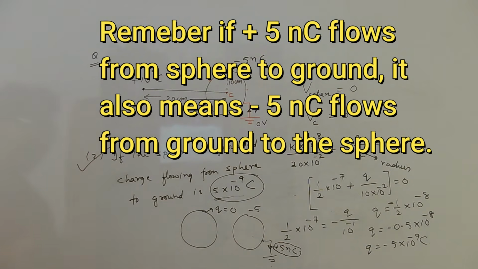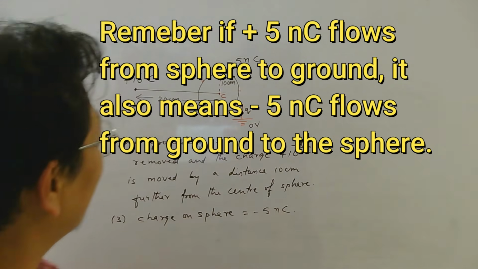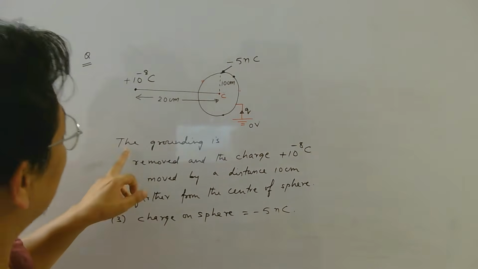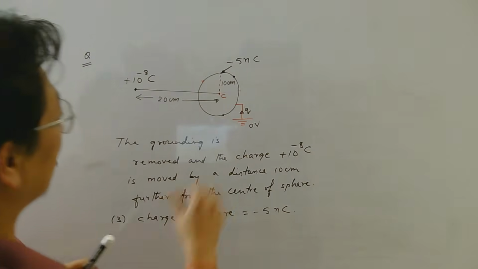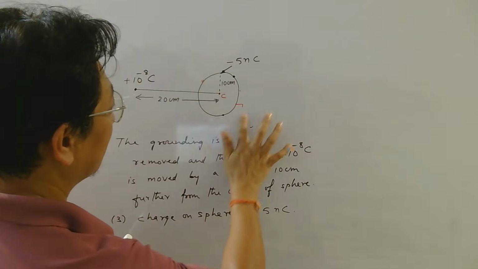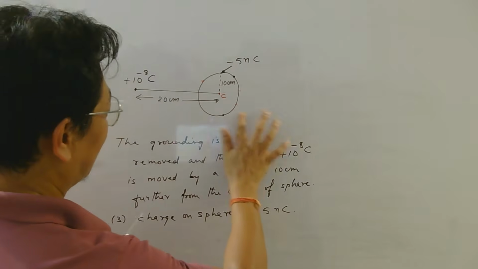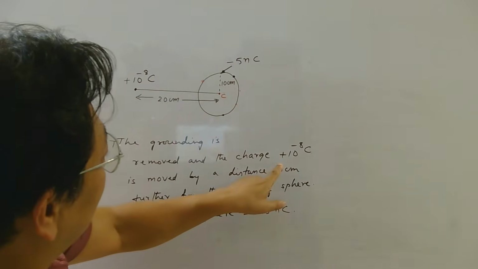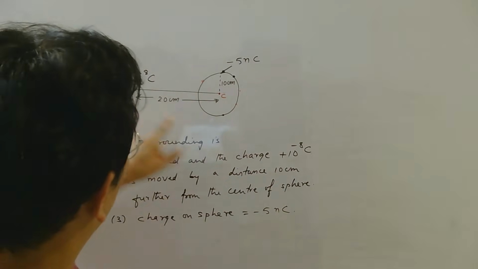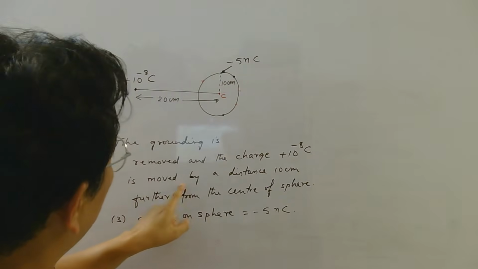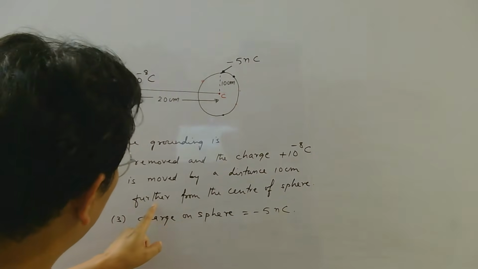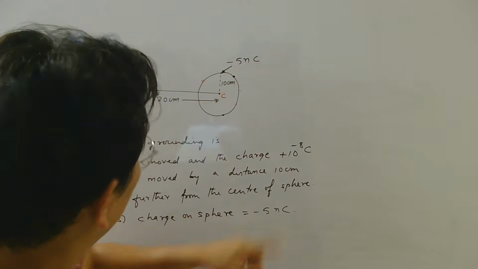Okay. Now in the third part, they have done some changes, okay? So the grounding is removed, and the charge plus 10 power minus 8 coulomb, this point charge, is moved by a distance 10 centimeter further from the center of the sphere.